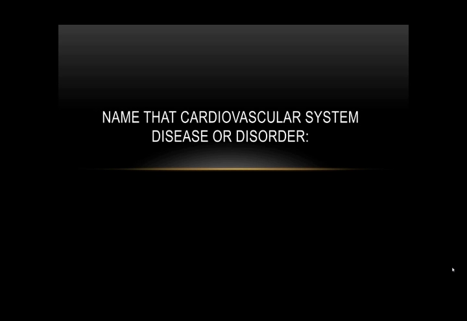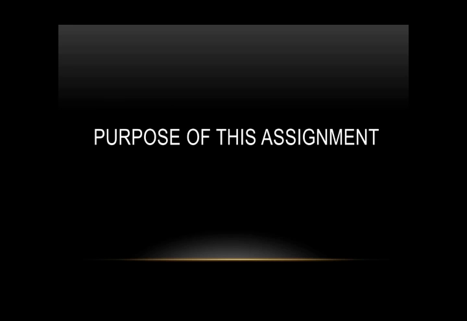This assignment is going to carry on throughout the quarter for different systems that we are studying. There's a couple different purposes. The first one is to help you when you're reading through the material. How do you take this information and put it in terms of how a patient will present, how a patient will look that has these disorders and diseases?